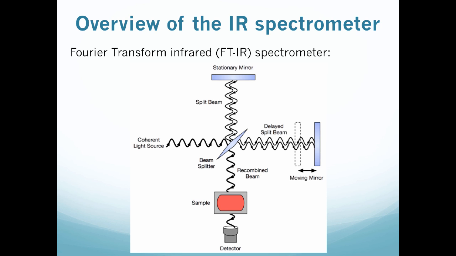Okay, and this combination actually gives a wave pattern that passes through the sample, and that wave pattern is known as an interferogram. And every wavelength on the spectrum has a different interferogram.